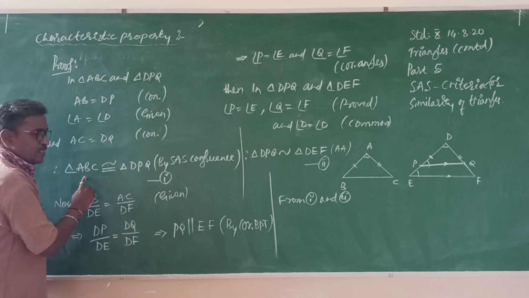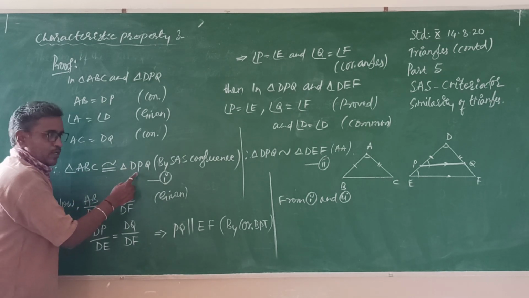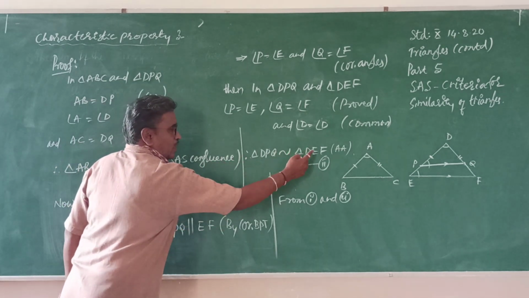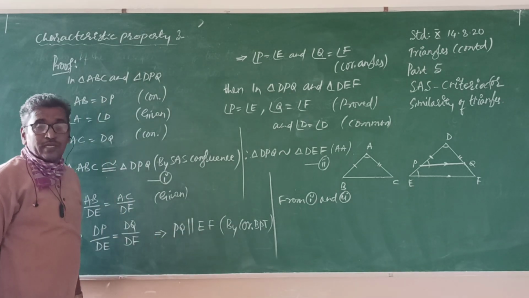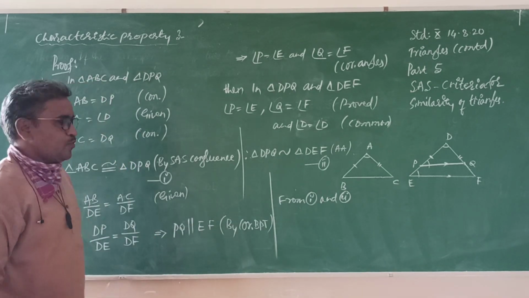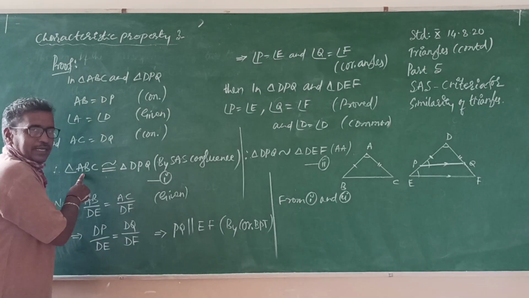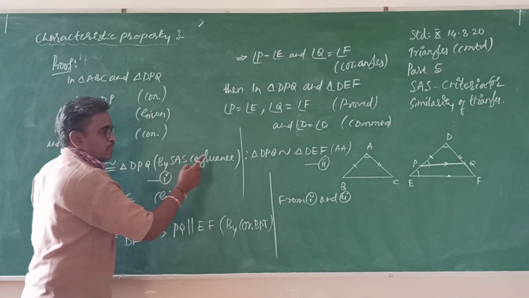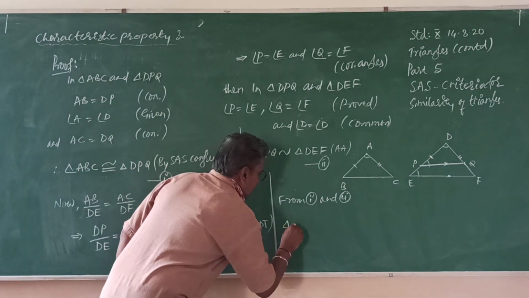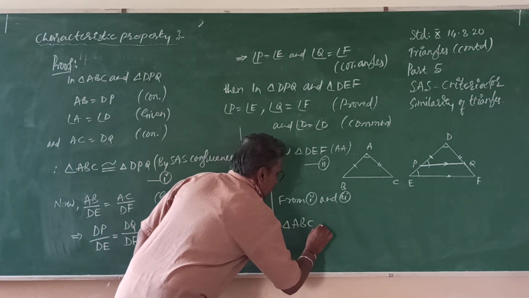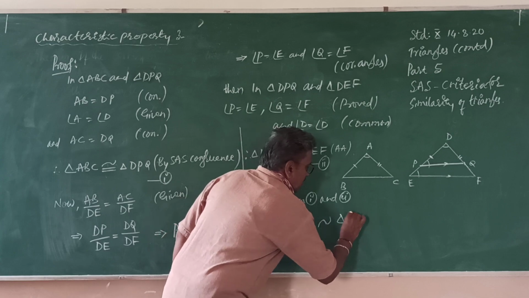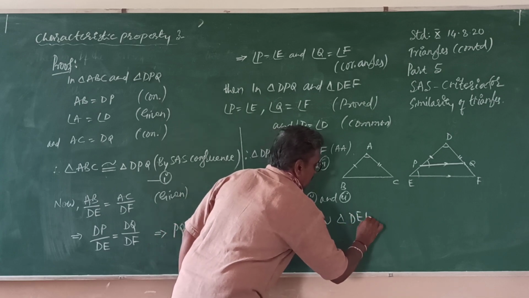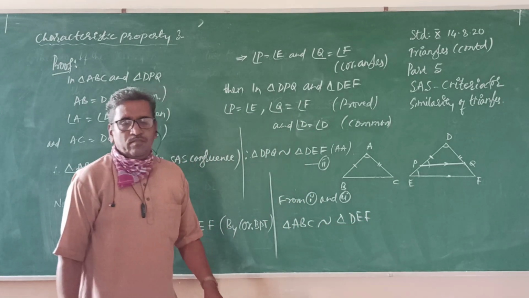It means ABC is similar to DPQ, and DPQ is similar to DEF. Things which are similar to the same thing are similar to one another. So triangle ABC is similar to triangle DEF. This is correct.